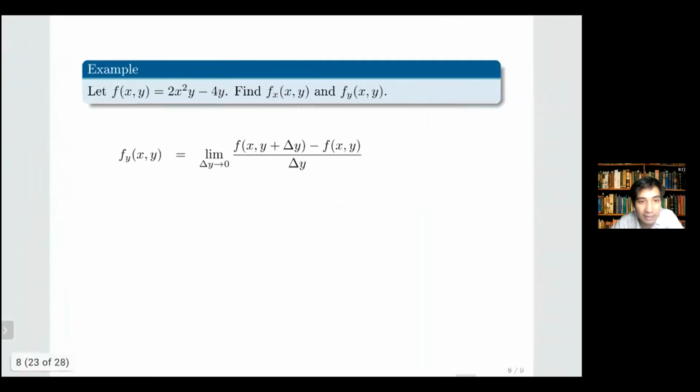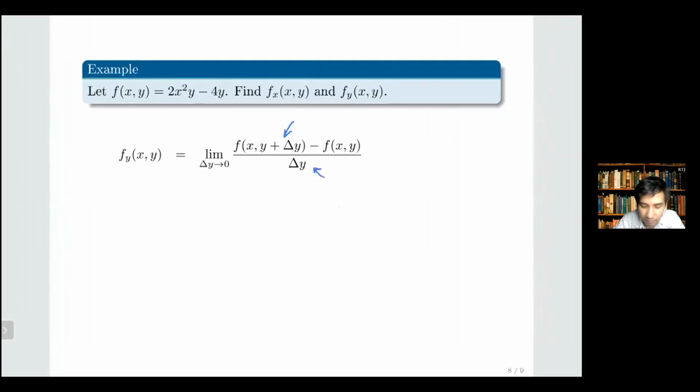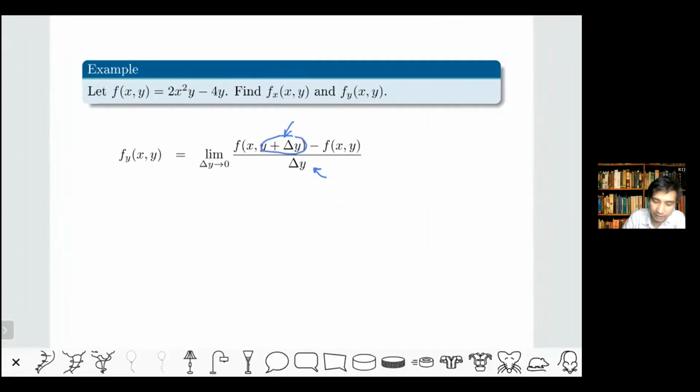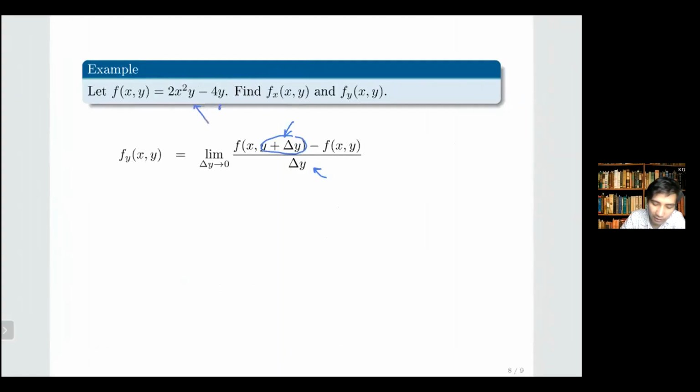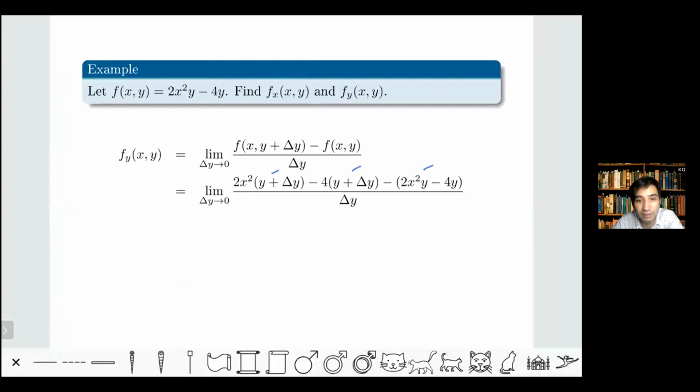So similarly, for the partial derivative with respect to y, ito naman gagamitin natin definition. So titignan lang natin yung change in the output kapag binago mo yung input y. Okay? So yung magbabago sa output, syempre yung y magiging y plus delta y. So again, papalitan lang natin lahat ng y plus delta y. So ito yung lalabas. Pag ginawa niyo yan, this is still minus f of xy.